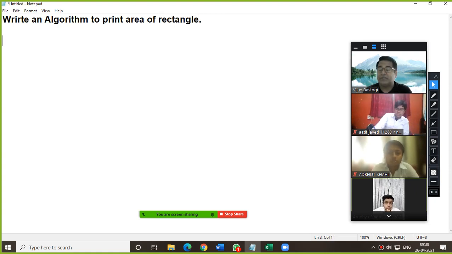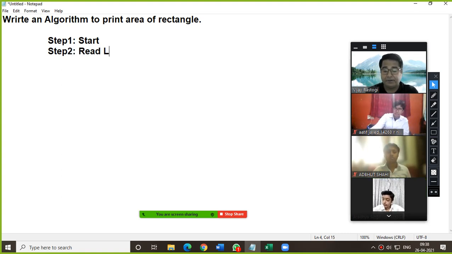Now please see the solution here. So the solution will be like this. Step 1 must be start. Step 2 must be length and breadth, L and B.